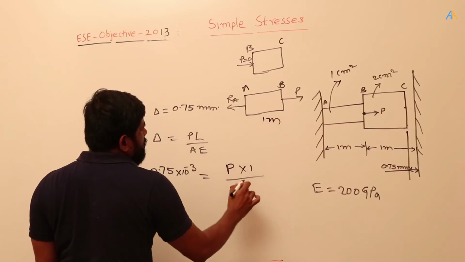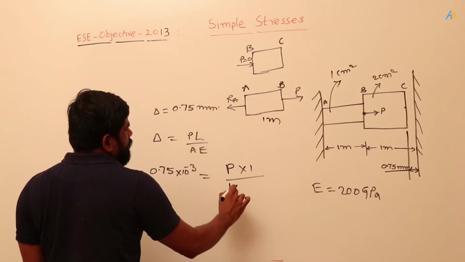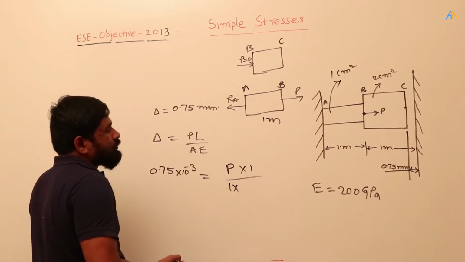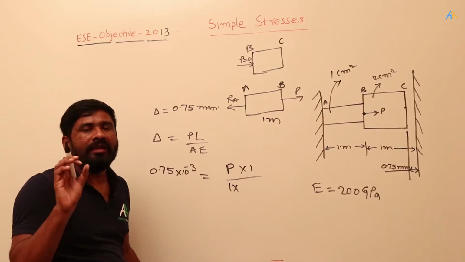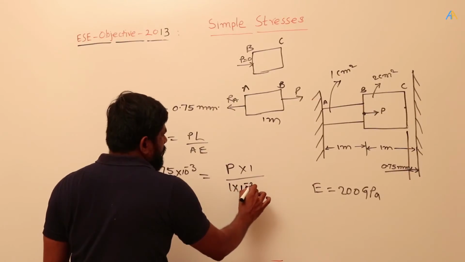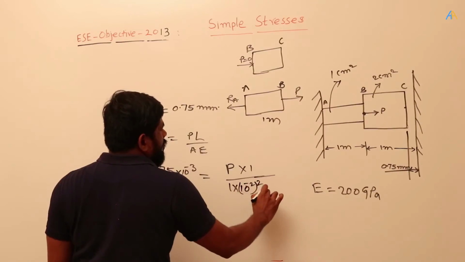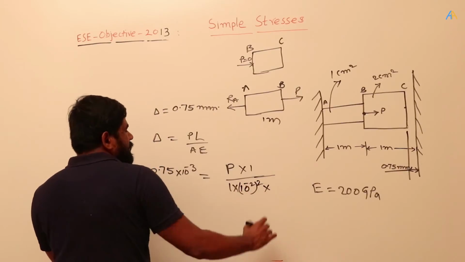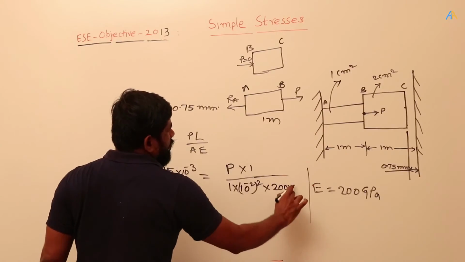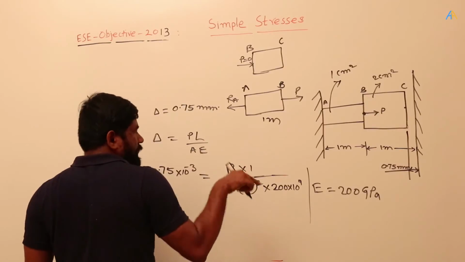So 1 divided by area, which is 1 centimeter square. We need to convert into meters. 1 centimeter equals 10 power minus 2 meter, or 1 meter equals 100 centimeters. So 10 power minus 2, and since it is centimeter square, it is squared here. And E is 200 gigapascal. 200 into giga, which means 10 power 9. Pascal means Newton per meter square.